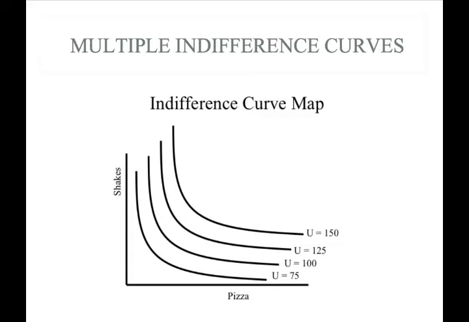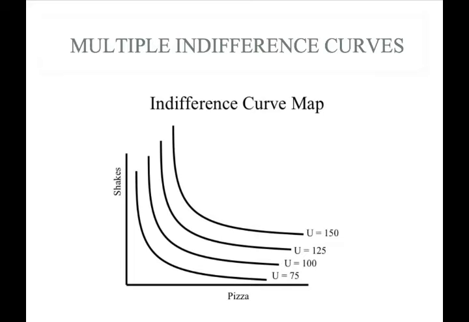So we have to have a utility curve that exists when we only have one shake, and we have to have a utility curve that exists when we have 400 shakes. And so we have to realize that it's not one specific utility curve that actually exists, even though only one will end up being relevant within our analysis.